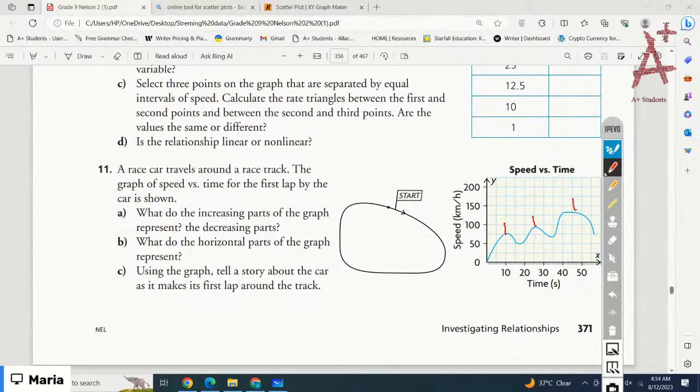And the decreasing part represents the time when the speed is decreasing, thus the times when the car is decelerating, right? When the speed is increasing, the car is accelerating. When the speed is decreasing, the car is decelerating, right? Okay, the horizontal part of the graph represents the time when the speed does not change over a period of time, right? Okay, using the graph, tell a story.